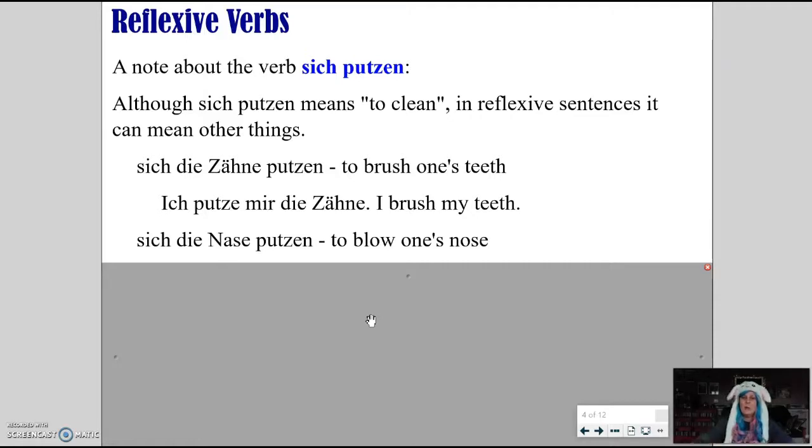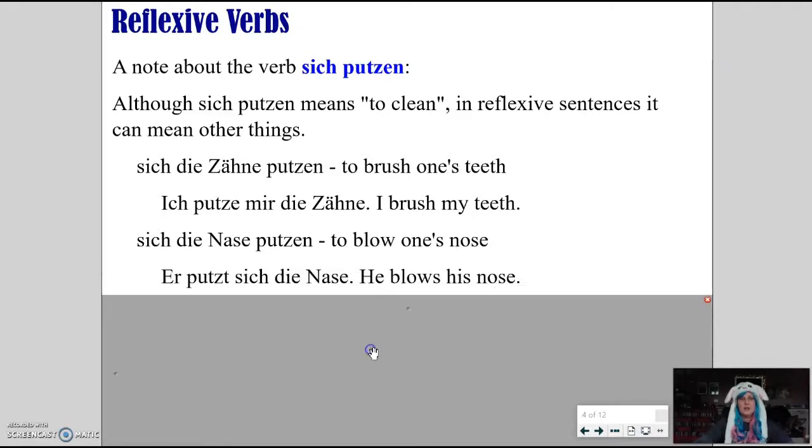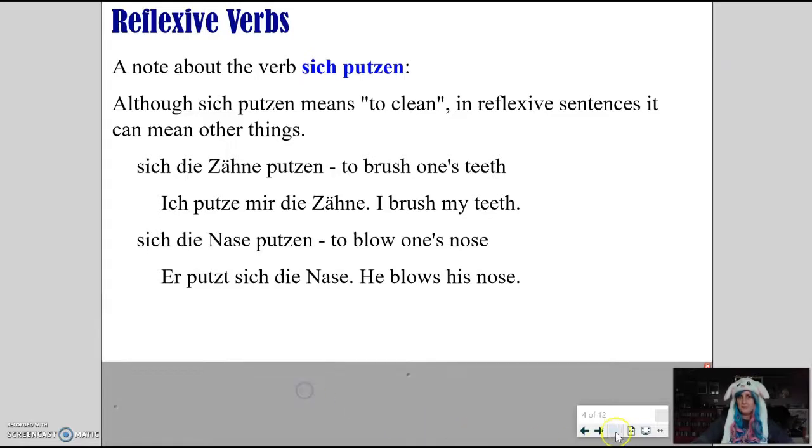In English, we say to blow one's nose. In German, sich die Nase putzen, to clean the nose. And a Beispiel: er putzt sich die Nase, he blows his nose. So these two example sentences are kind of a preview of what we're going to be talking about as far as the structure and word order of sentences in reflexive.